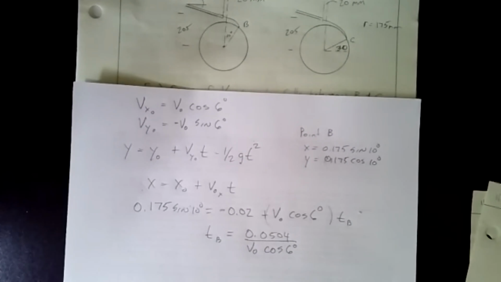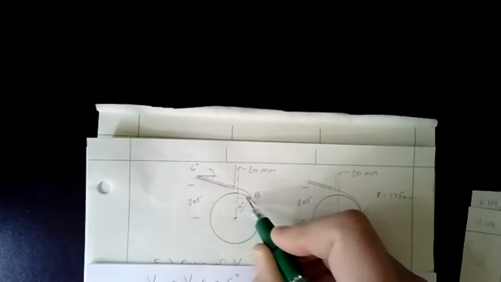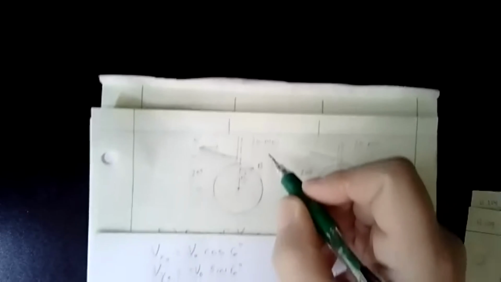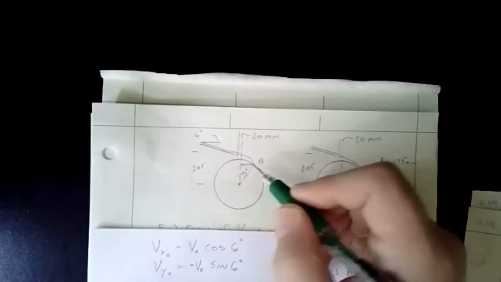Well, x should be 0.175 sine of 10 degrees, right? If this is 0.175, I want to know this distance here in the triangle, so wouldn't that be sine of 10 degrees times the radius for x? Oh, right, we're looking at the angle from the vertical. Okay. Thank you for pointing that out. Does that make sense then? Yeah, that makes sense. Okay, thank you.